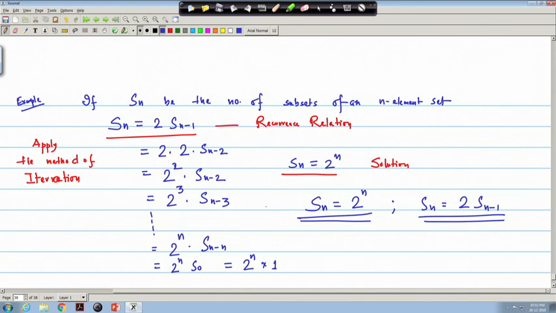So, we must remember this solution, S_n equal to 2 to the power n, and the recurrence relation S_n equal to 2 S_{n-1}.